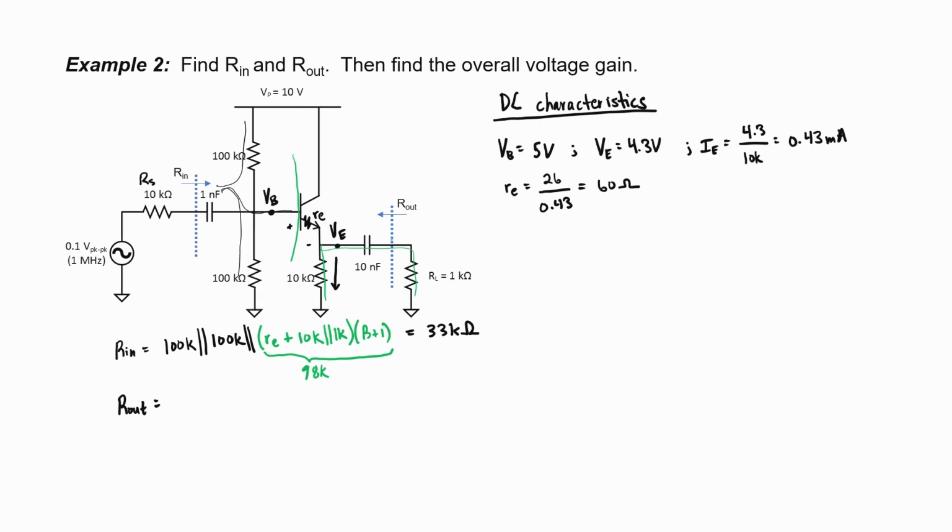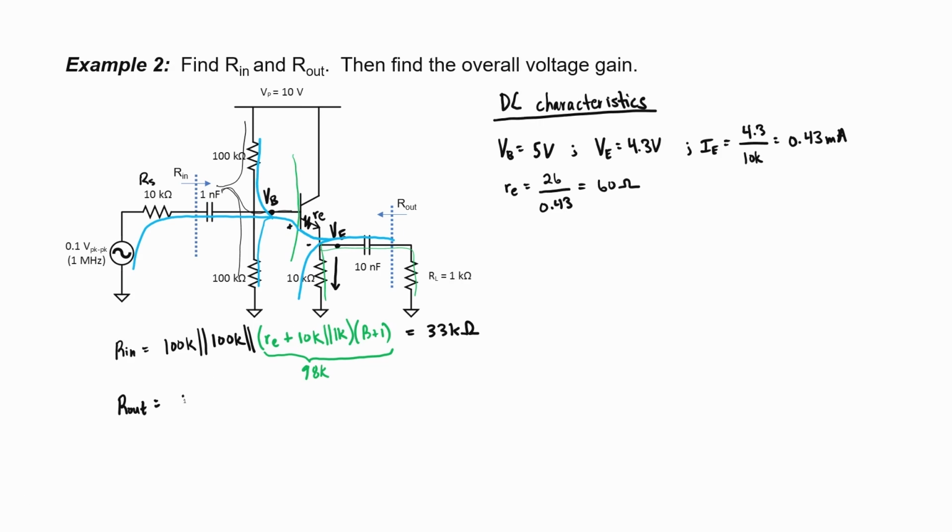Our output impedance has two branches. We have one branch looking down the 10 kiloohm resistor and another branch that goes up here through the emitter, and then we'll have to use impedance reflection in order to find out what these three resistors contribute.